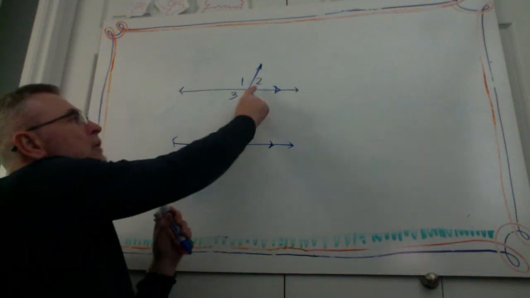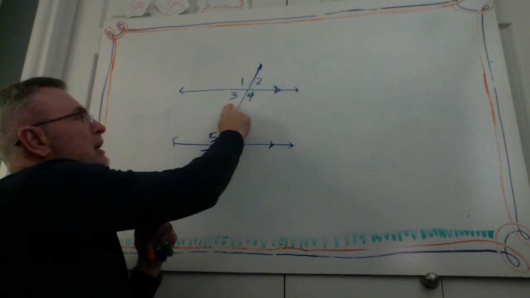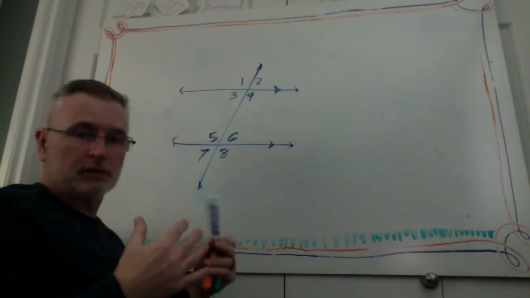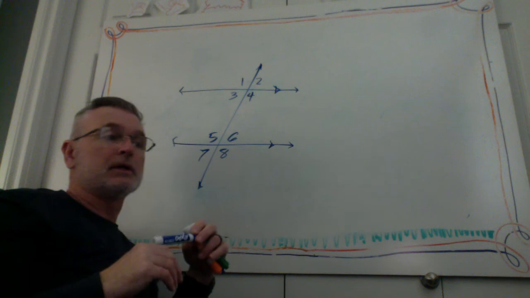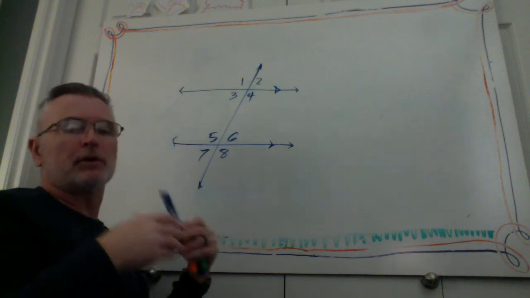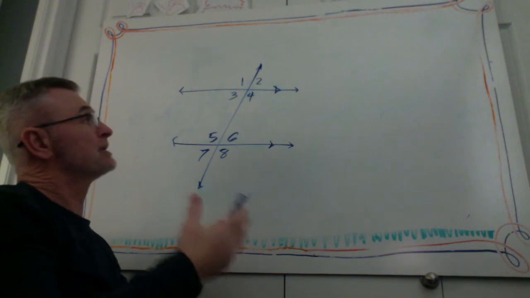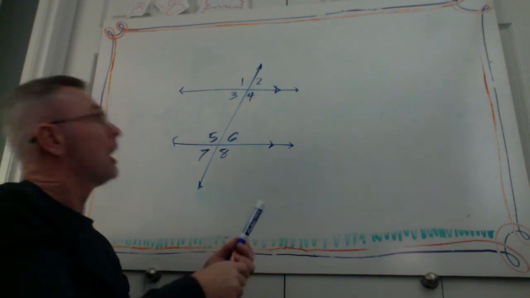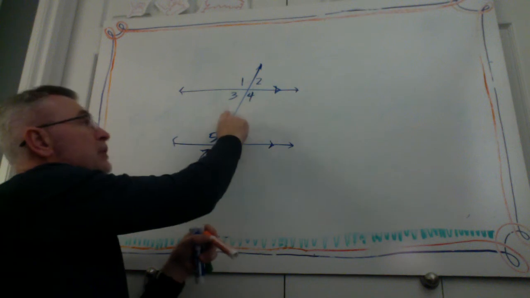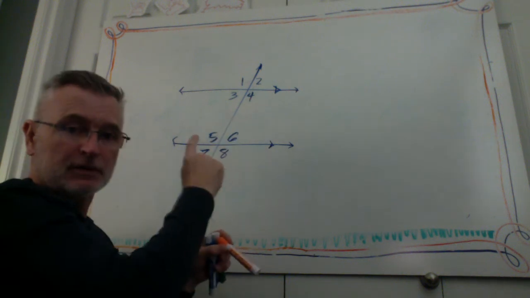The acute angles, which are 2 and 3 in this case, are equal to each other, or congruent, because we don't know what their measurements are, but we know that they're the same. So if somebody told me that angle 2 was 85 degrees, I would also know that 3 was 85 degrees as well.